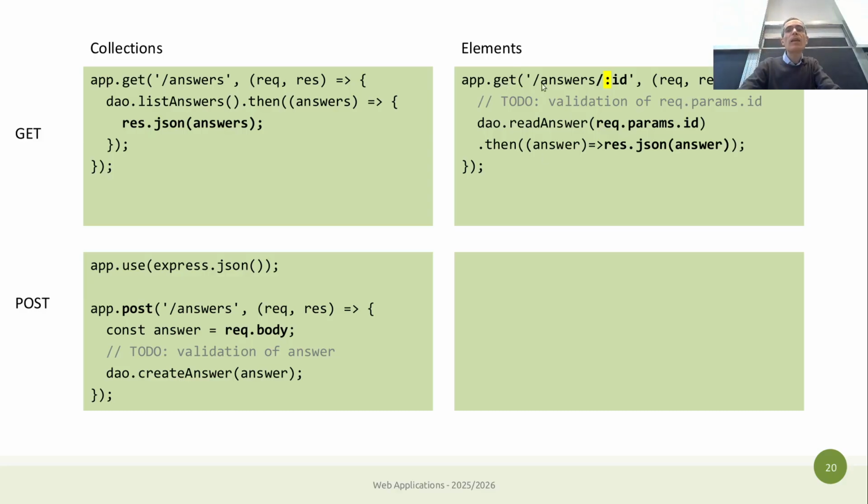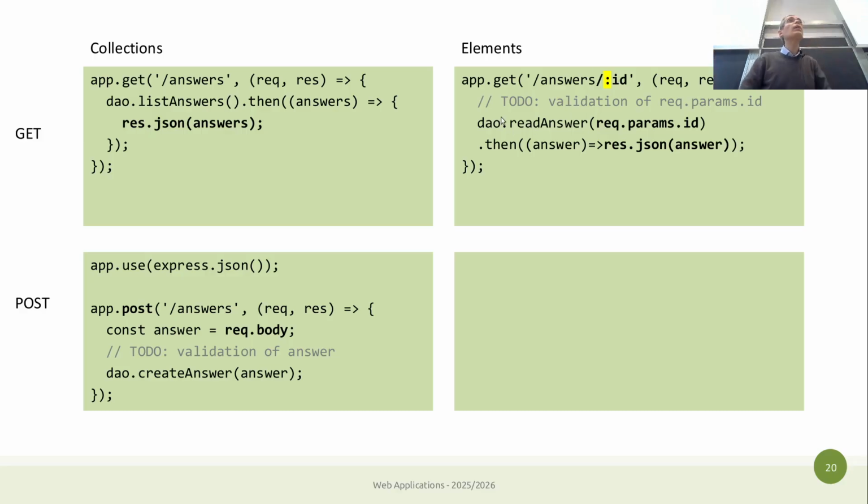Elements, GET answers, parametric URL, :id. This id will be substituted at runtime when the callback is called, with the actual value available as req.params.id. This can be any string: a number, a string, a mix of numbers and strings, and so on.